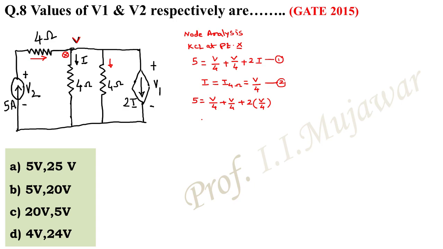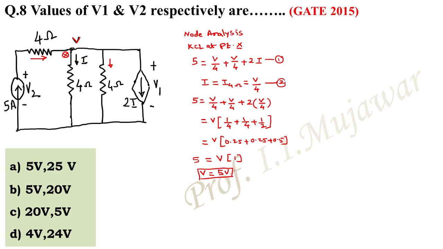If I take V common, it is 1 by 4 plus 1 by 4 plus 1 half, which comes out to be 0.25 plus 0.25 plus 0.5. So this is nothing but V into 1. So the voltage here is 5 volt.